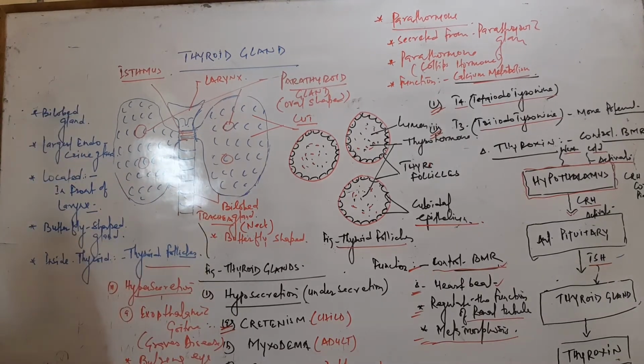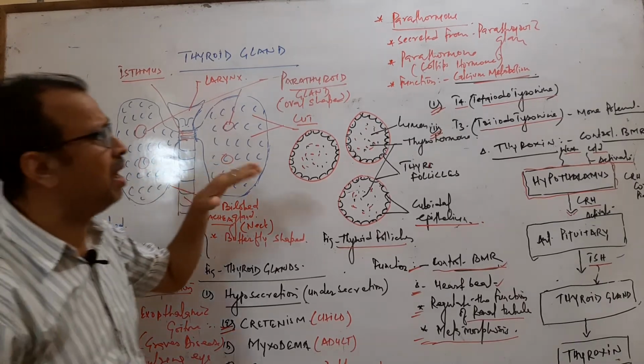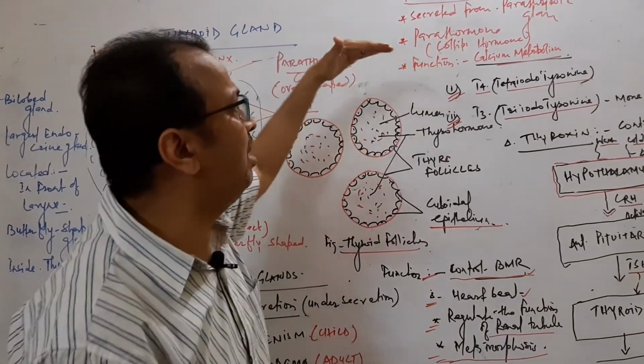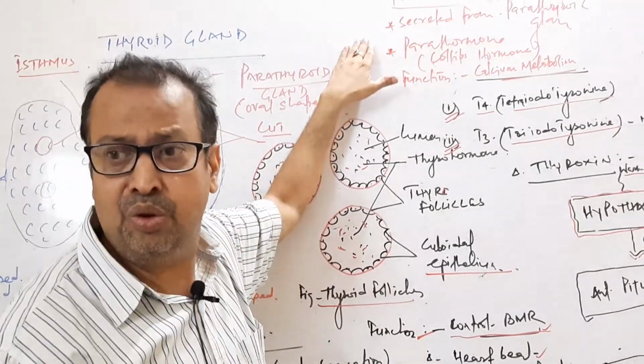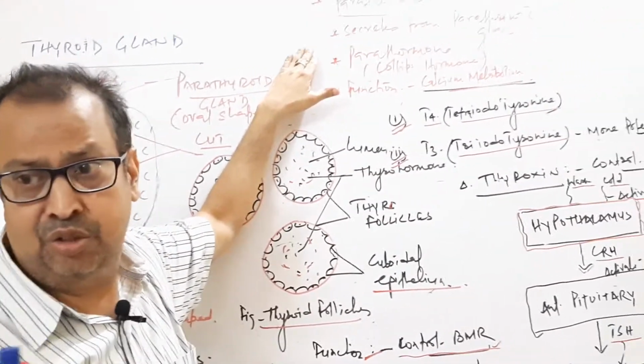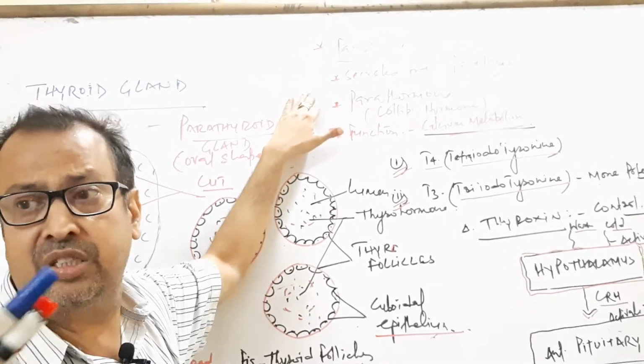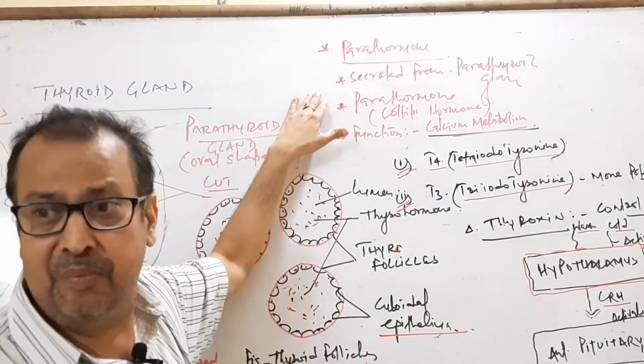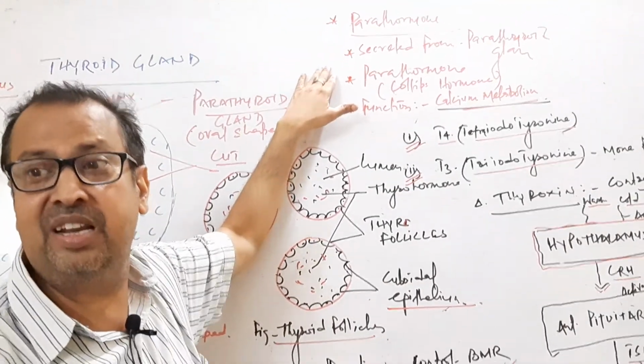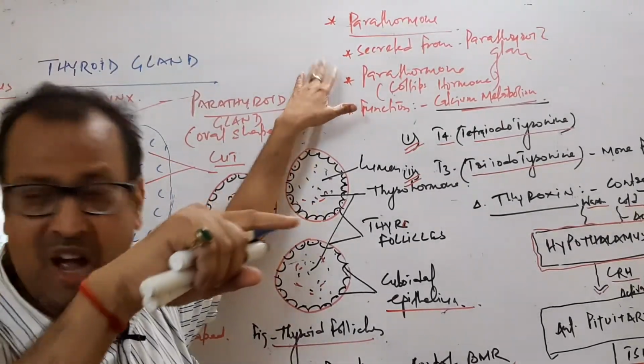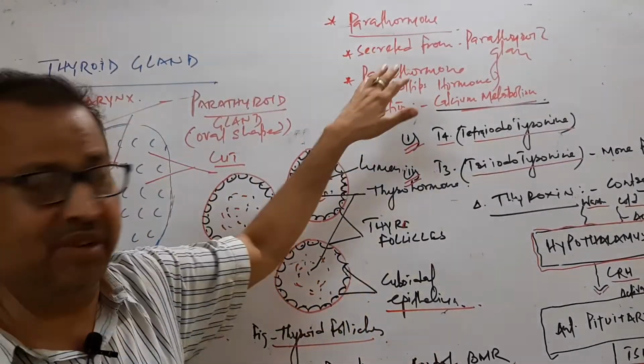Another hormone is called parathyroid hormone. It is the antagonist of thyrocalcitonin, so it has the opposite function. Thyrocalcitonin reduces the blood calcium, and parathyroid hormone increases the blood calcium. How does it increase the blood calcium?